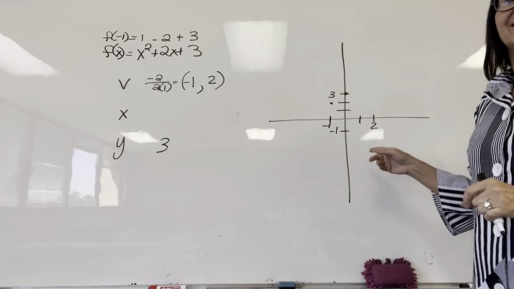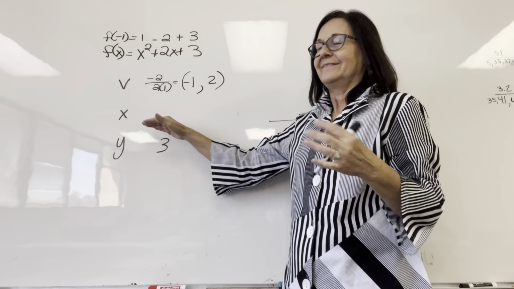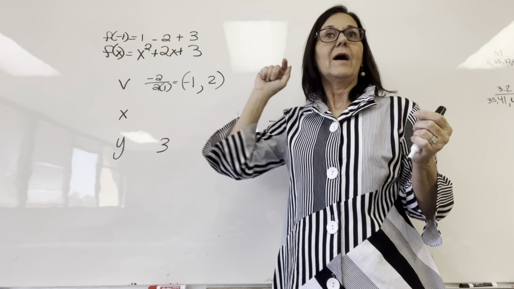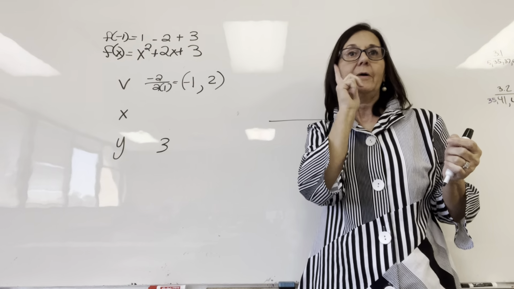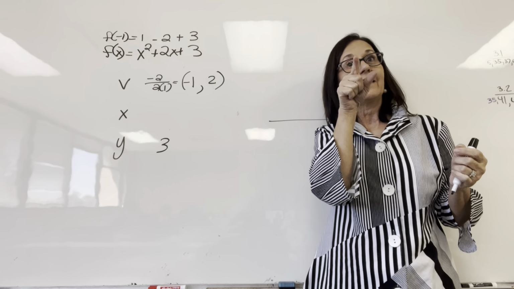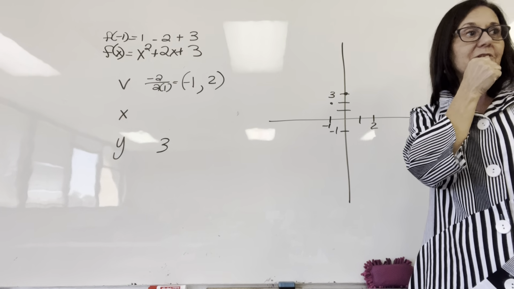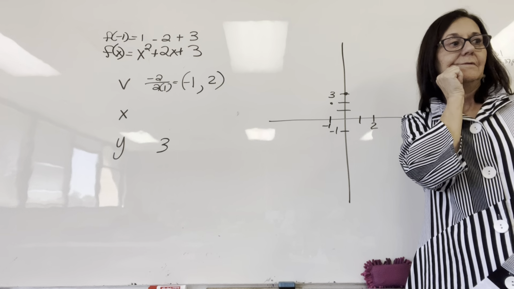All right, I did it wrong. It's okay. How am I going to find the x? Well, in the polynomial, I'm using the quadratic formula. You see what I did?